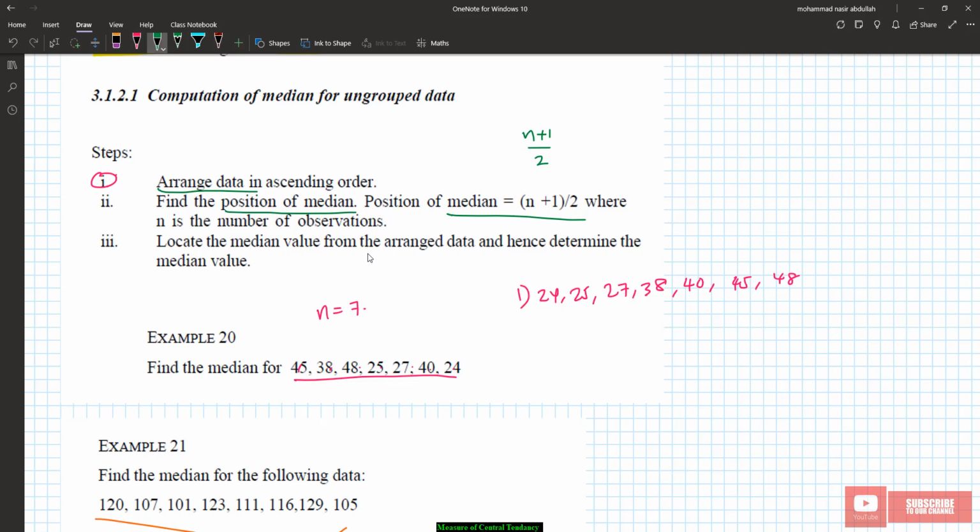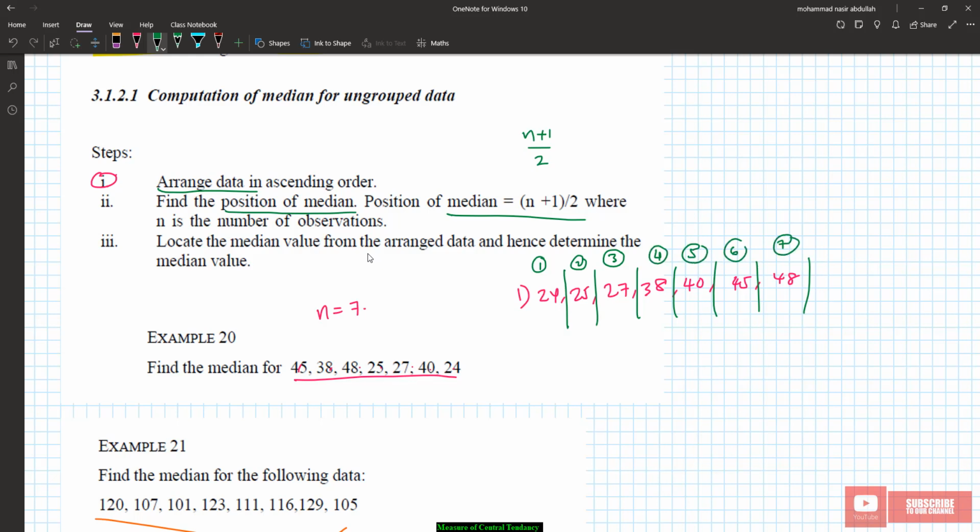Now, I usually do it like this. Once you have arranged the data, we position the data, so we will know the position of each value. This is position number 1, position number 2, position number 3, position number 4, 5, 6, and 7.